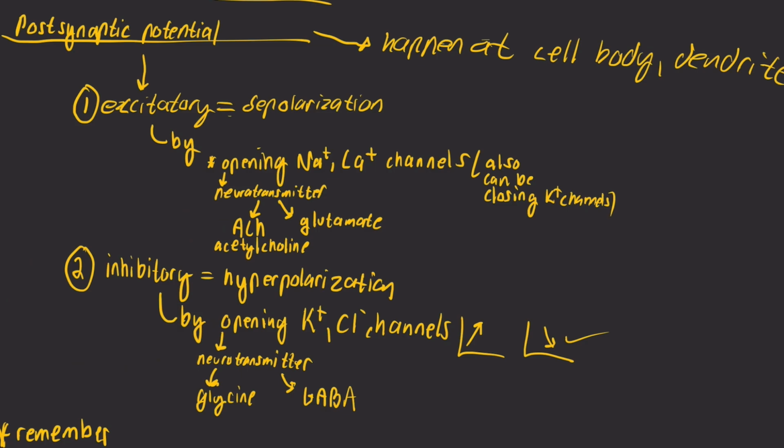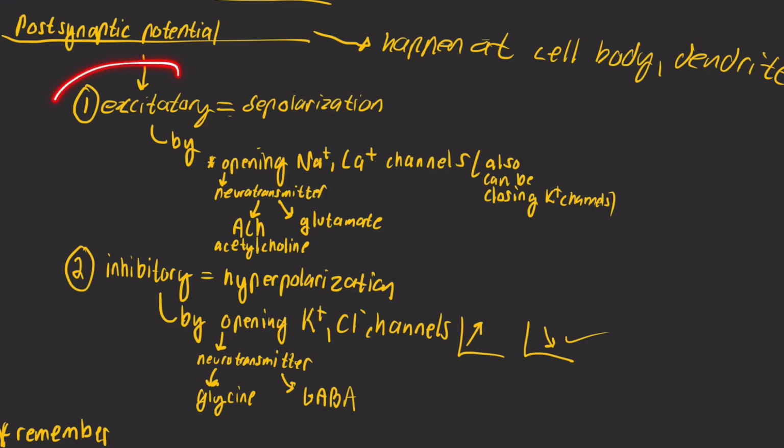Okay? These postsynaptic potentials occur at the cell body or the dendrite of the postsynaptic neuron.